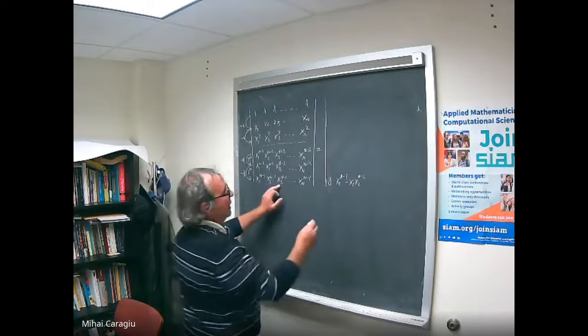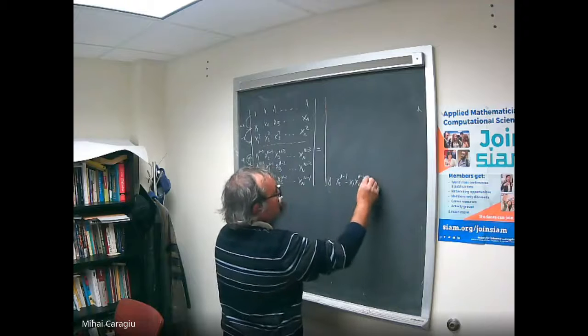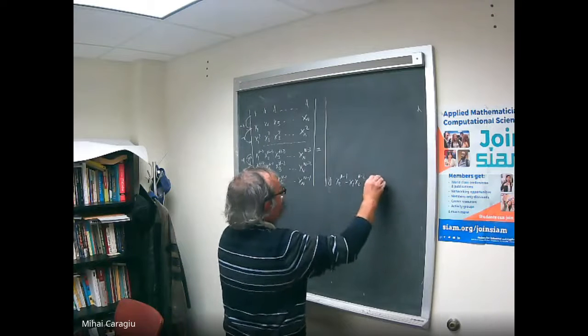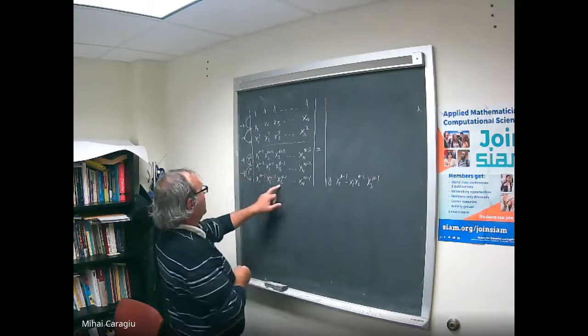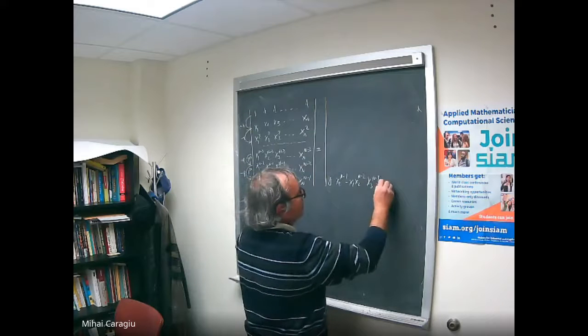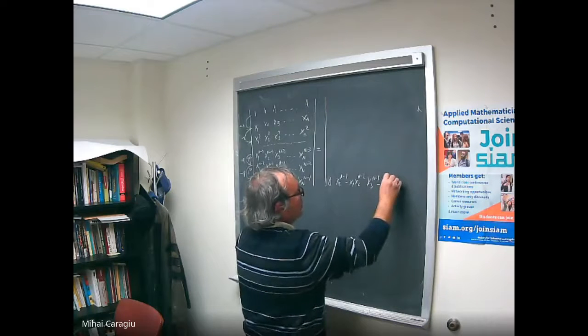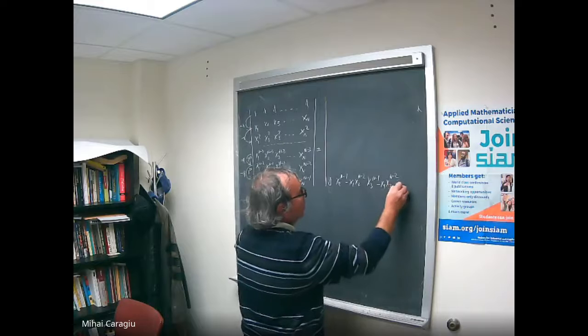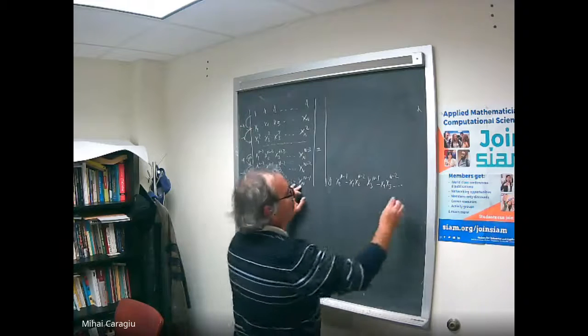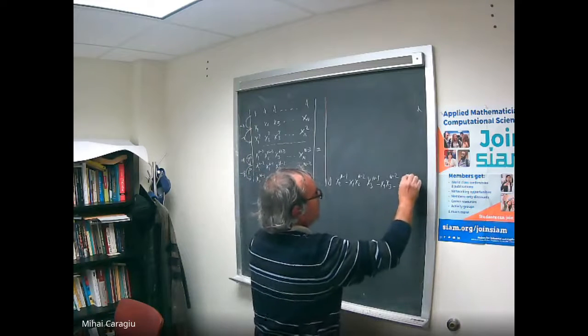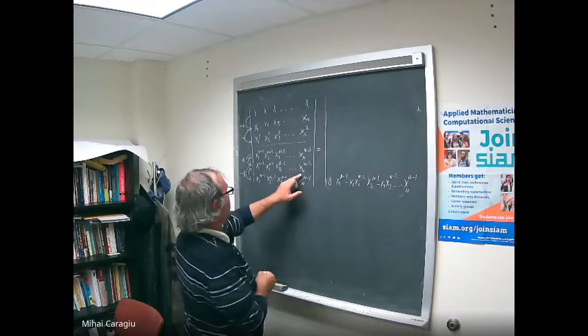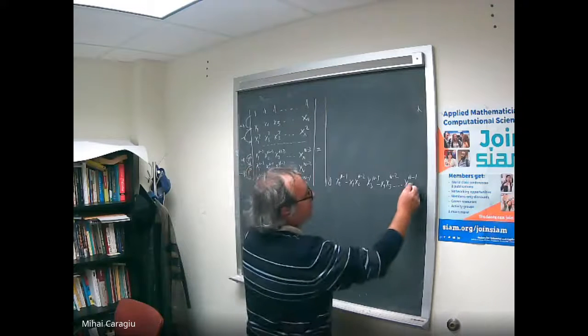There's one more: x3 to the power n minus 1 minus x1 x3 to the power n minus 2. The last one, xn to the power n minus 1 minus x1 xn to the power n minus 2.